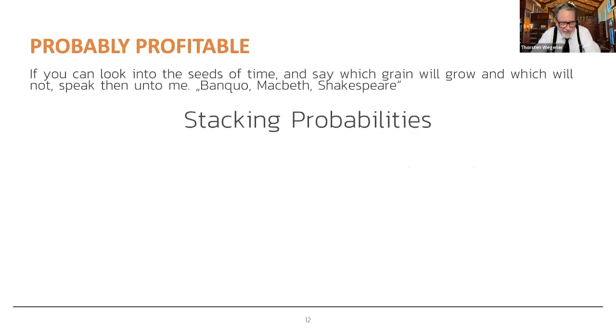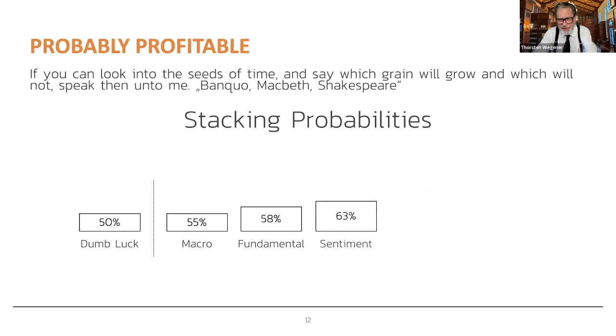It sounds pretty straightforward. We're stacking probabilities. We start with a good starting point, always dumb luck. I could toss a coin and say, okay, if I buy a certain asset, it can go up or it can go down. Excellent. 50-50 chance if I don't know anything. Then I apply my little box of horrors. I go into the macro background. I go into the fundamentals.